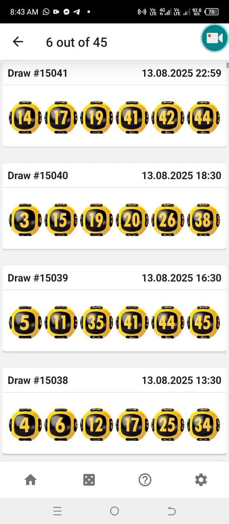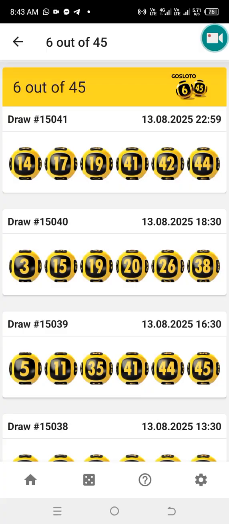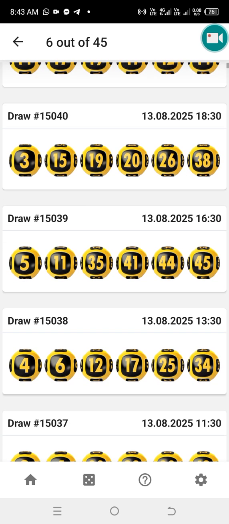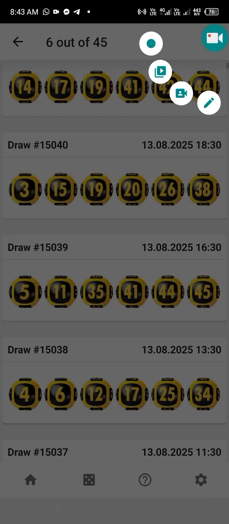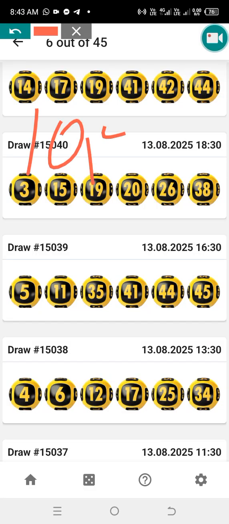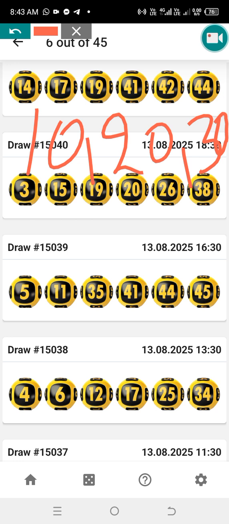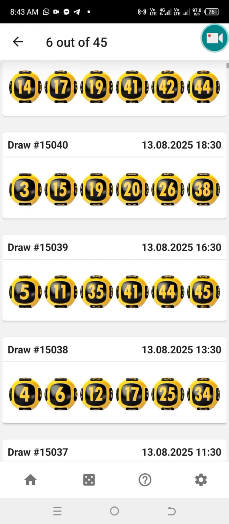So there is another one I want to show you. You take this as a number plus or minus. So for example, you use 10, 20, 30 in the same family numbers, 40 like this.